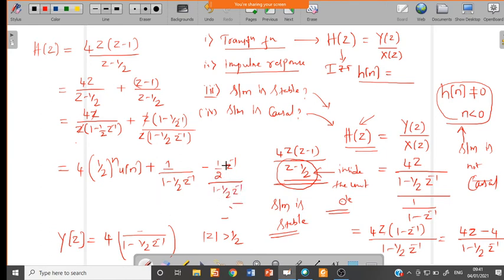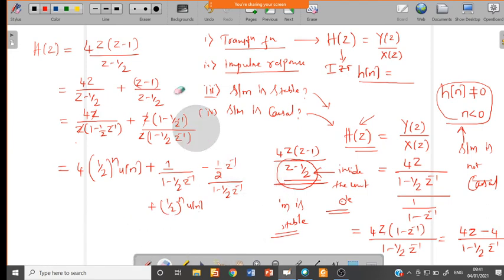We can write this again as half power n into u of n, and this is starting from n equal to 1, so we write it as n plus 1.